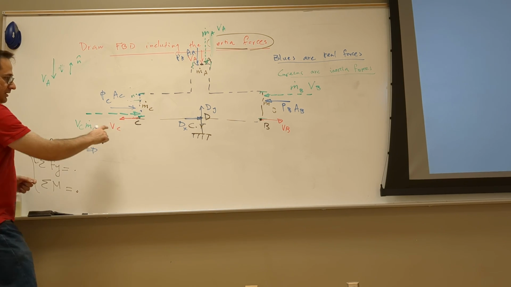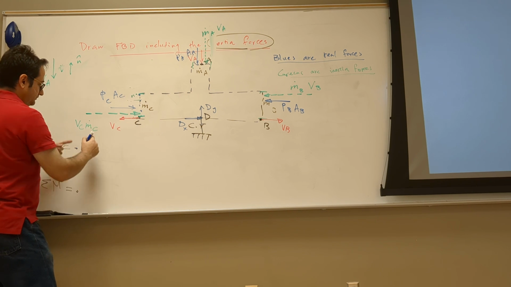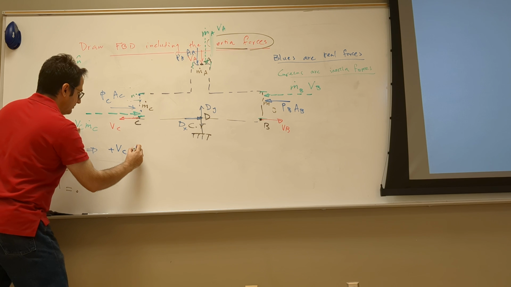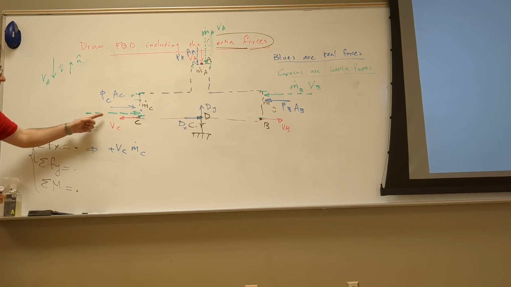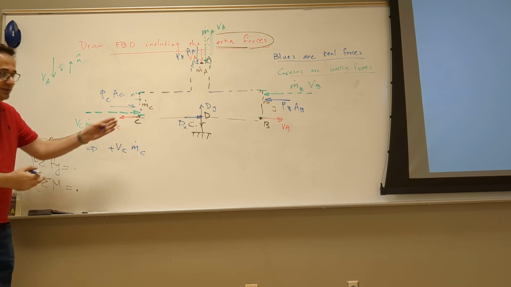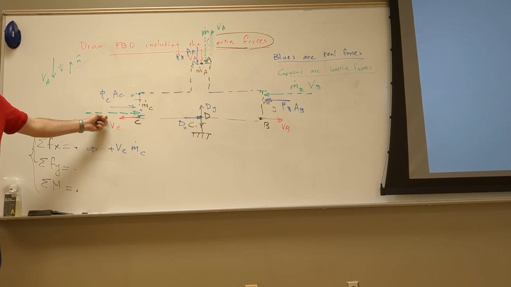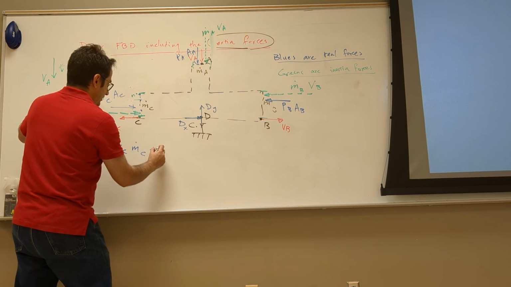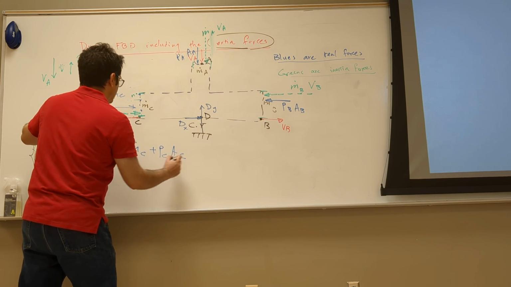What do you get? So this is one force. I get positive m dot C, VC. Then I go to this blue one. These are forces. Now we treat everything, even the inertial, the virtual forces, as a real force. So m dot C VC plus PC AC, right?